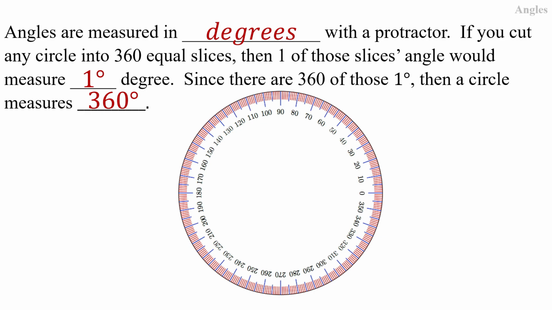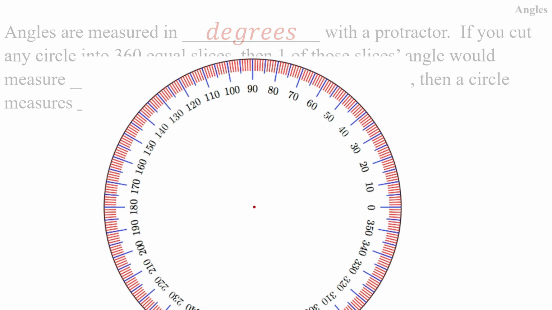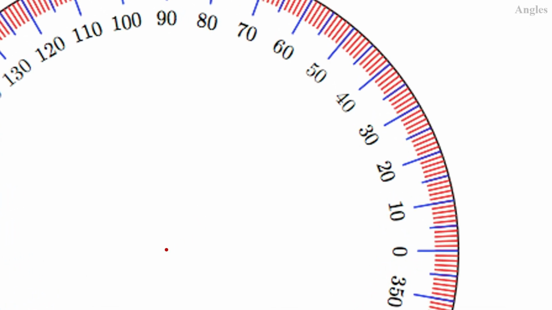If you count all those lines, there's 360 lines in this circle because we're cutting it equally into 360 lines. Let me show you what 1 degree looks like. If I get the center of that circle, and I draw a ray from that center to that 0 line.